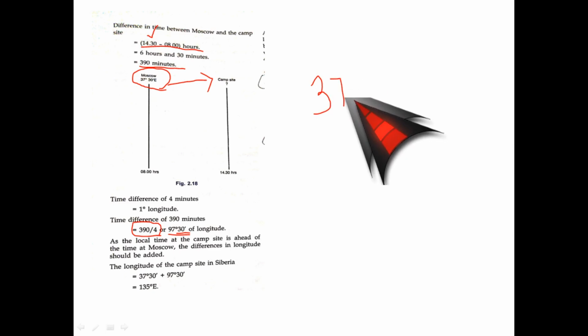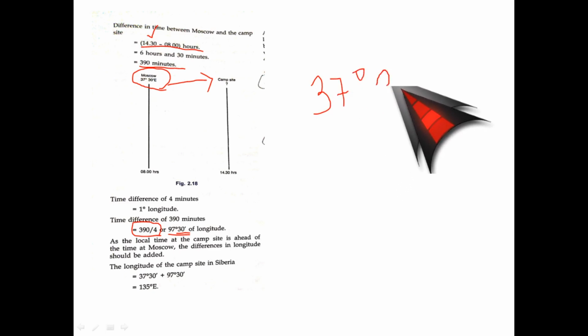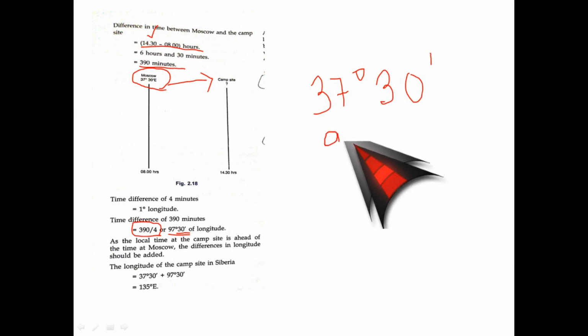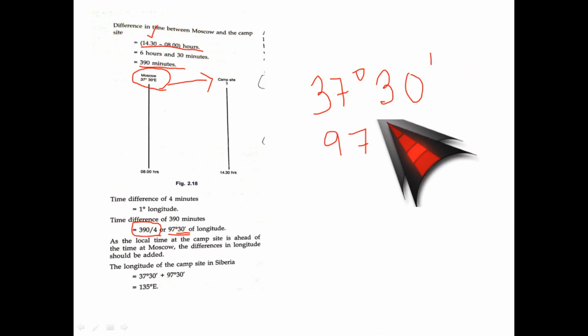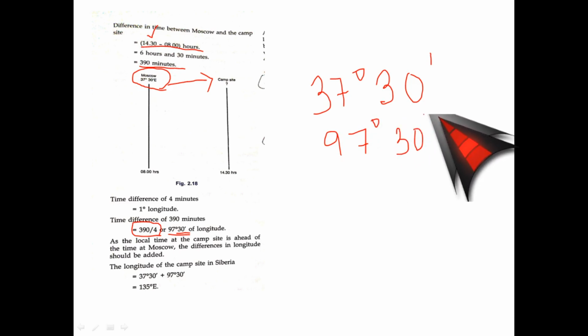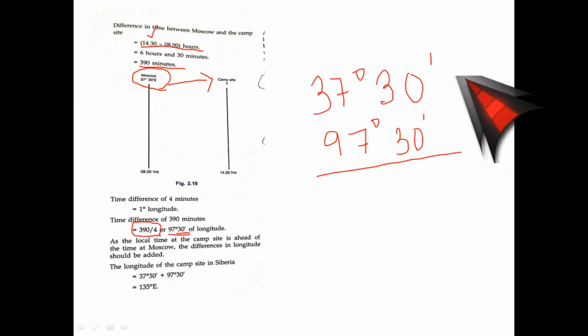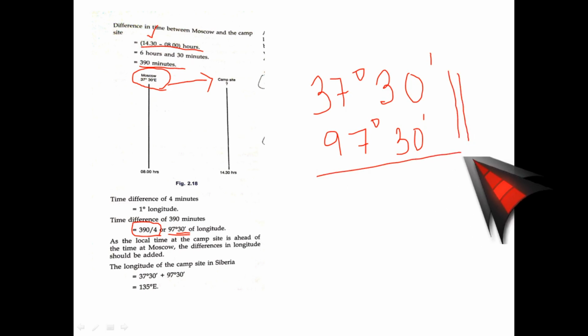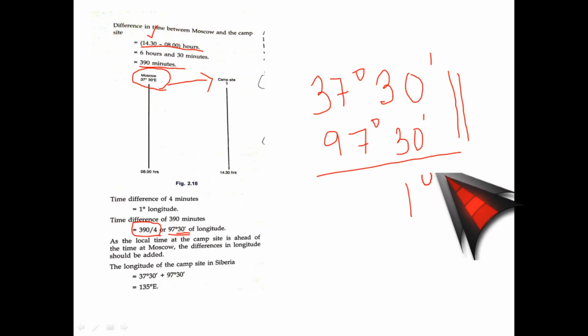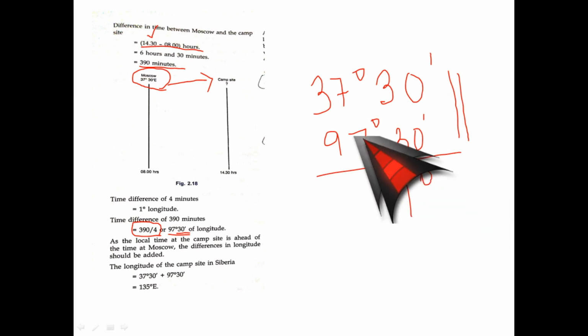So I will add 37 degrees 30 minutes along with that 97 degrees 30 minutes. Please remember, these two 30 minutes together will give you 1 degree.